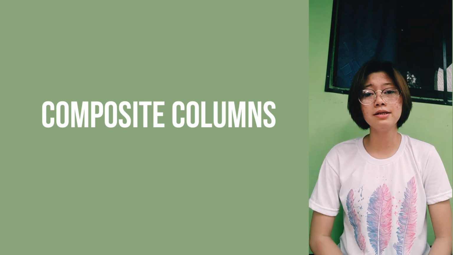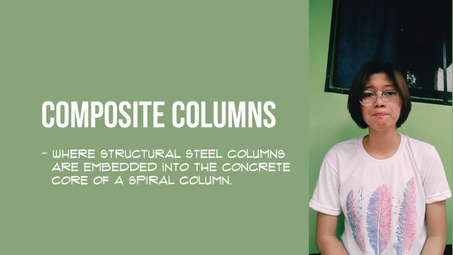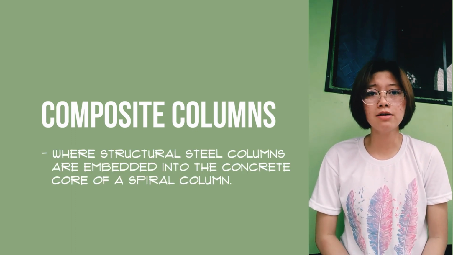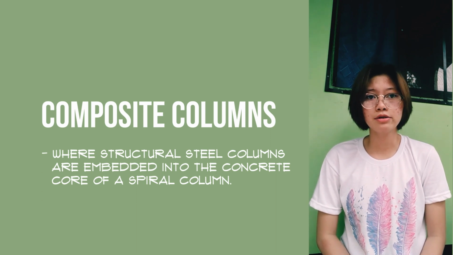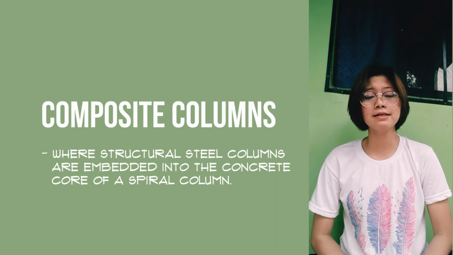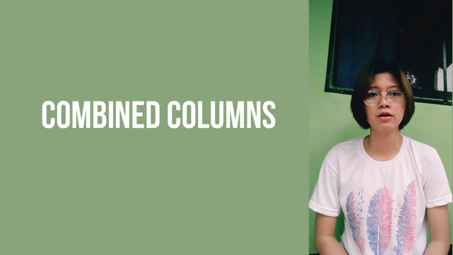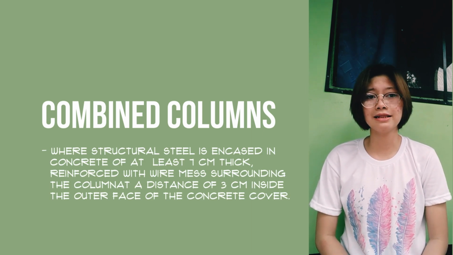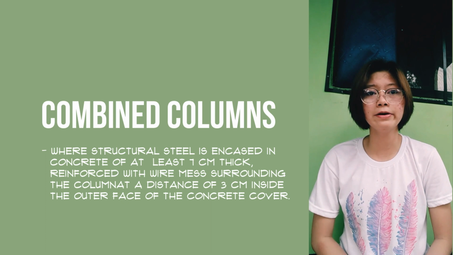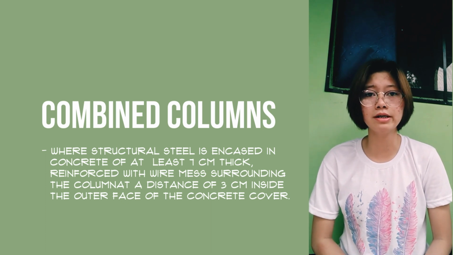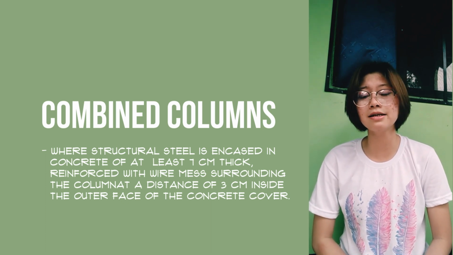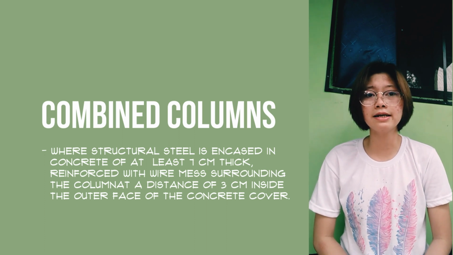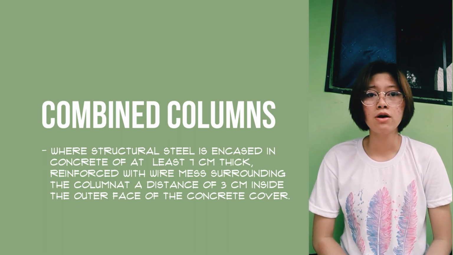So the third one is composite columns, where structural steel columns are embedded into the concrete core of spiral columns. Next is combined columns, where structural steel is encased in concrete of at least 7 cm thick, reinforced with wire mesh surrounding the column at a distance of 3 cm inside the outer face of the concrete cover.